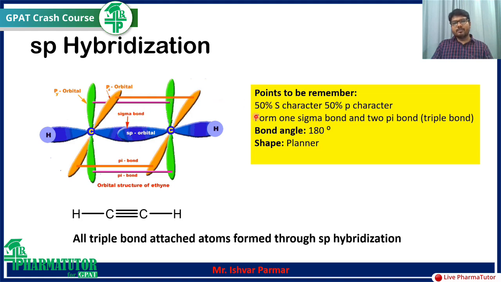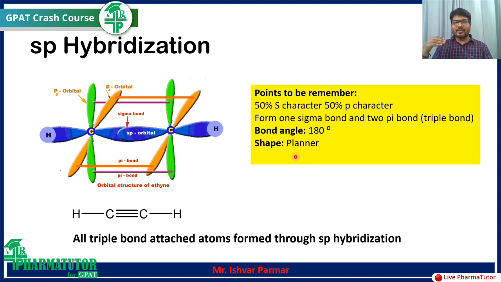Always remember it has 50% s character and 50% p character, and it forms a sigma bond and two pi bonds. It has a 180 degree bond angle and the shape is planar.